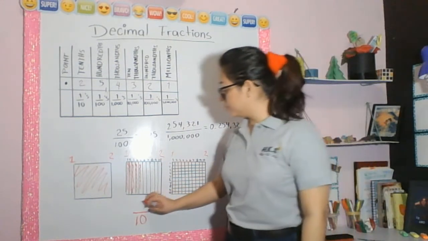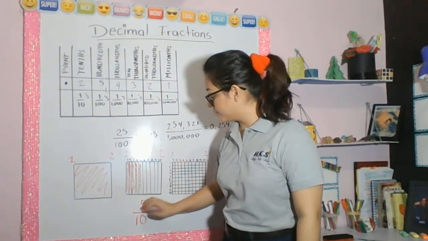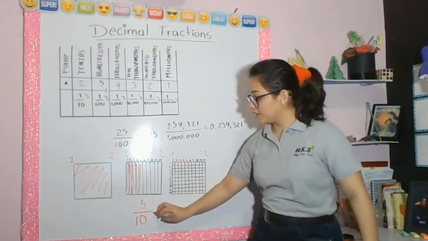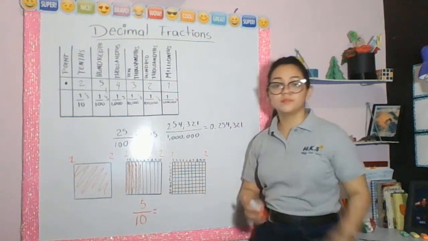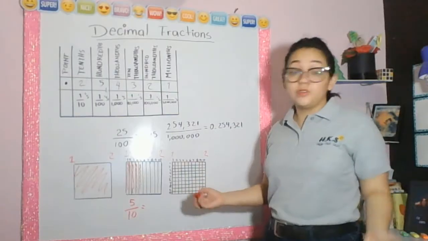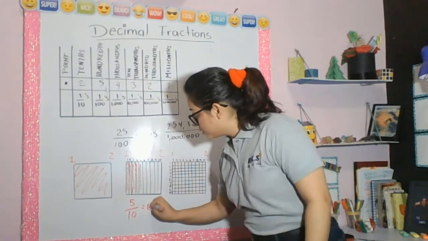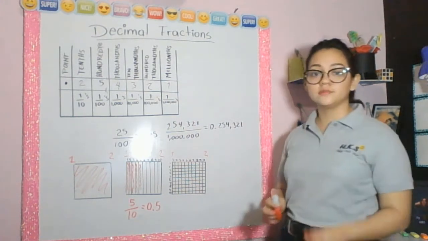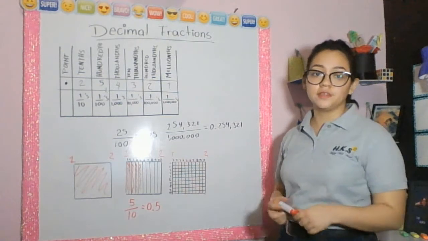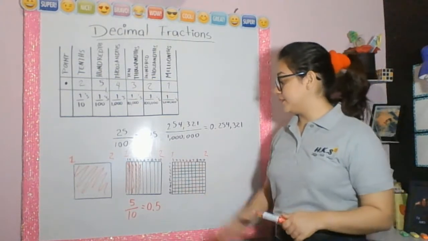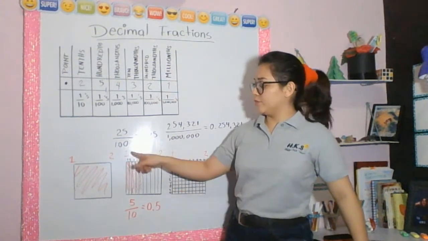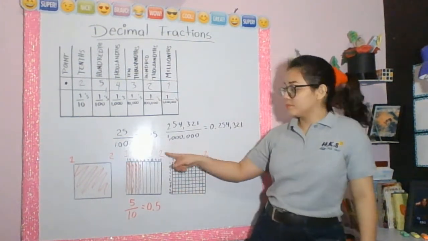So I'm gonna do 5 divided by 10. And how much is that gonna be? ¿Cuánto va a ser? That's going to be 0 and 5 tenths. Or 5 tenths.